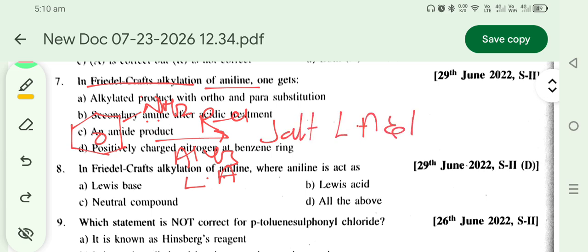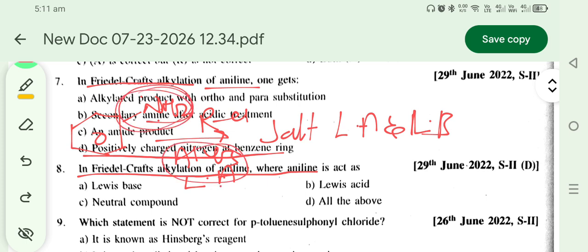Therefore, the answer is a positively charged nitrogen on the benzene ring. In Friedel-Crafts alkylation, aniline acts as a Lewis base and AlCl3 acts as a Lewis acid. So the one being asked here is aniline. Aniline is a Lewis base.